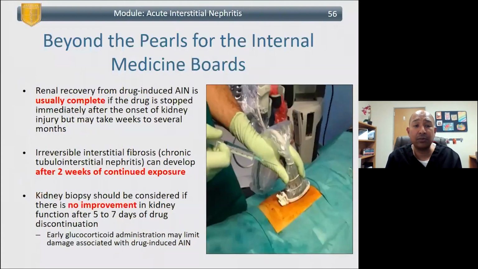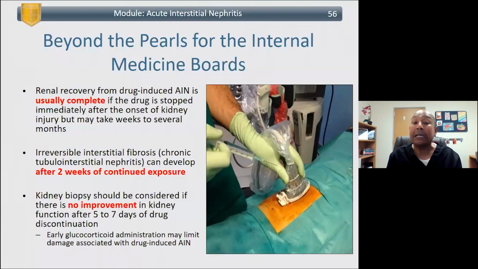And I just want to say, what are my beyond the pearls for your boards this time? I want to just go through these. Renal recovery through drug-induced AIN is usually complete if the drug is stopped immediately after the onset of kidney injury, and it may take weeks to several months. An irreversible interstitial fibrosis can develop after 2 weeks of continued exposure, which is why discontinuing the drug is so important.